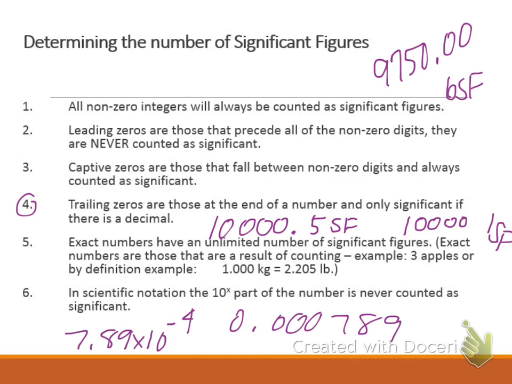They're placeholders. They're just letting you know that the value is in the tens, hundreds, or 10,000s place. But the value of the number depends on those zeros, so why aren't they significant? Because they're placeholders. They're just telling you that the value goes in that spot. They're not part of the measured value.